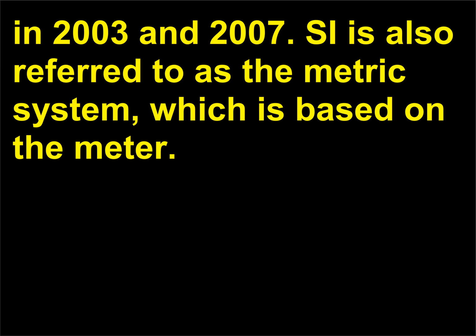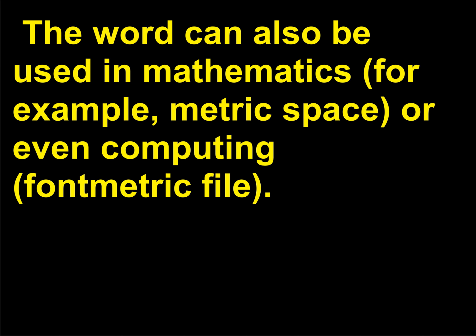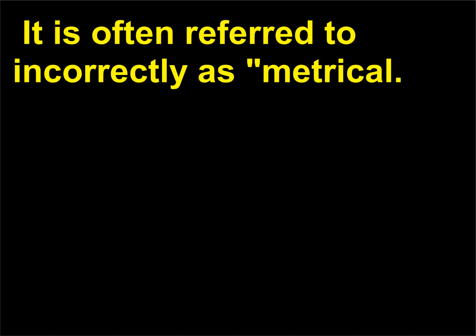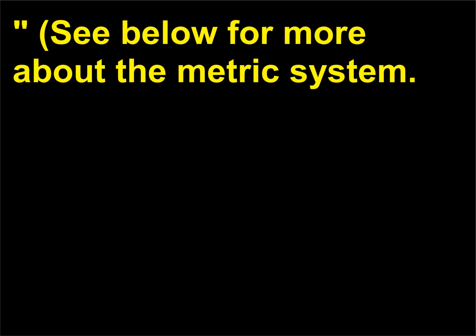SI is also referred to as the metric system, which is based on the meter. The word can also be used in mathematics, for example, metric space, or even computing, font metric file. It is often referred to incorrectly as metrical. See below for more about the metric system.